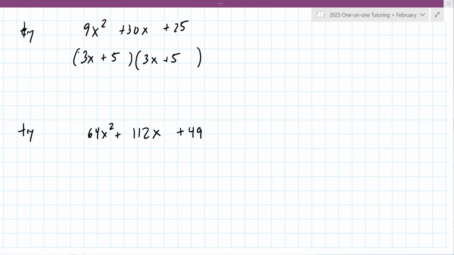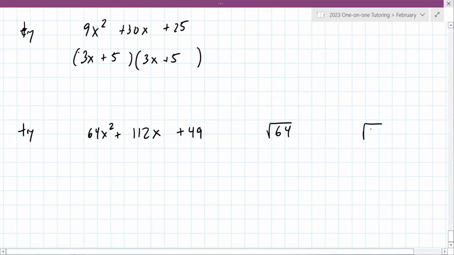All right, I'm back. Let's see, so can you take the square root of 64? Can you take the square root of 49? The square root of 64 is 8.